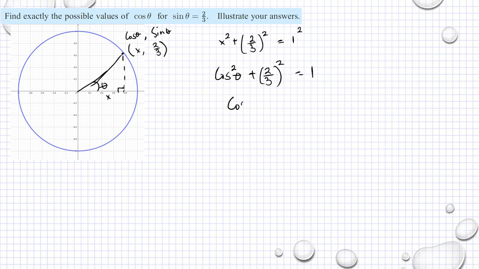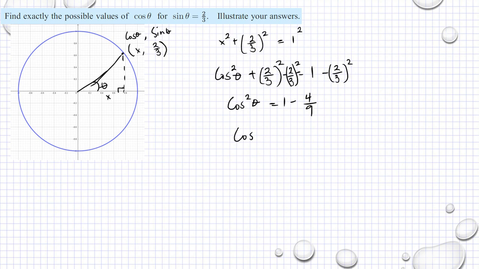And then we have cosine squared theta, that is the square of cosine, not the angle to be squared, the cosine. And then we have 1 minus, if we subtract both sides of the equation by 2/3 squared, then we have 4/9.